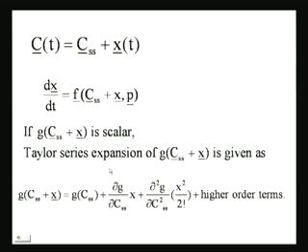Then you have the first order term, dg/dc evaluated at C_ss. I reminded you the other day that this is not dg/dC_ss, but dg/dc evaluated at C_ss. Then d²g/dc² evaluated at C_ss times x squared over 2 factorial, plus the higher order terms, which are d³g/dc³ times x cubed over 3 factorial, and so on.